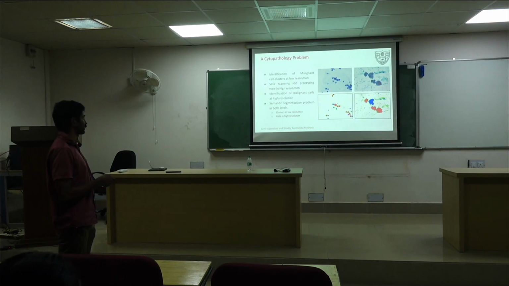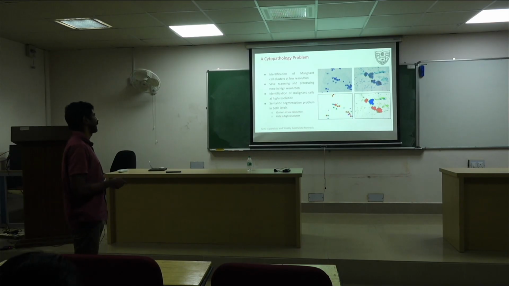These are the corresponding labels. The red part is basically the malignant cell, the blue part is benign cells, then there is the background, and the green part is the cytoplasm of the cell. So this is what is expected.